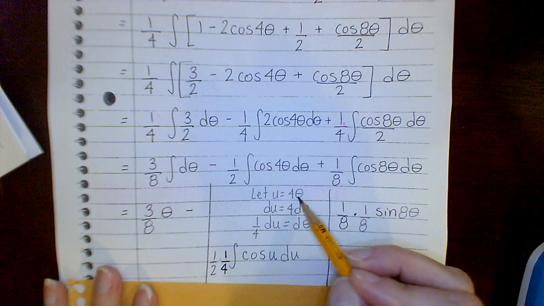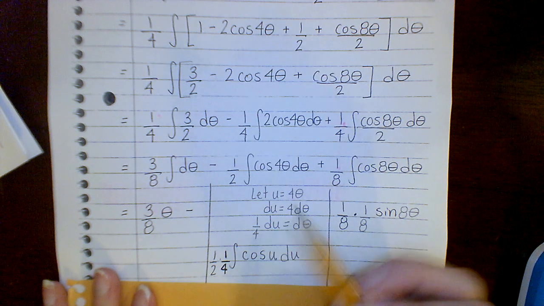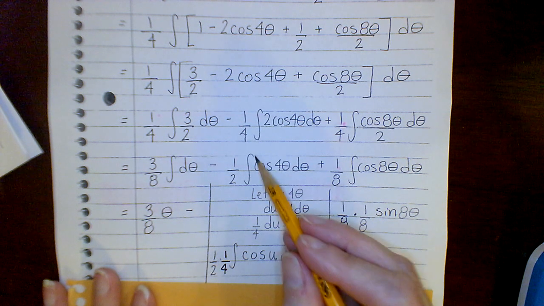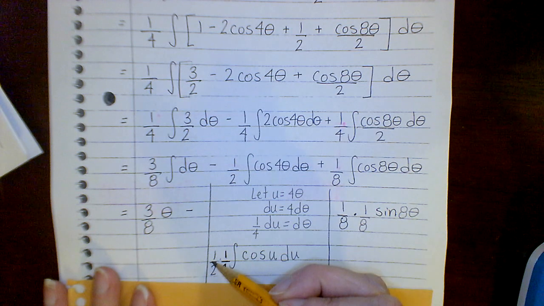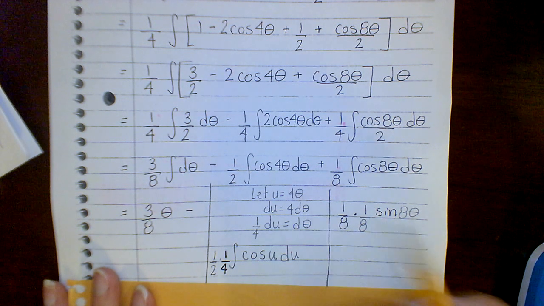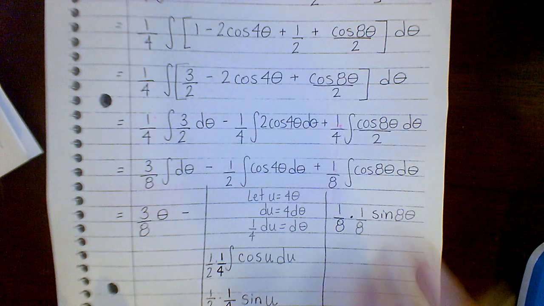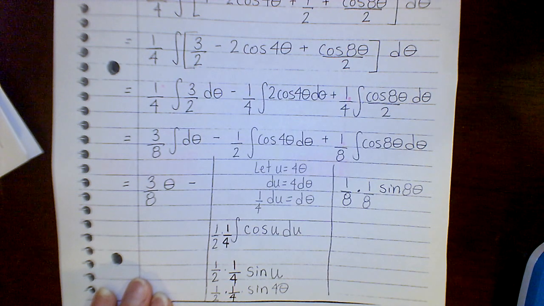But if you let u be 4 theta, then du is 4 d theta, divided by 4, you get a 1/4 du. So that becomes cosine u du. We've got this 1/2, and then this 1/4 came from that substitution. So that basically becomes a 1/8 sine 4 theta.